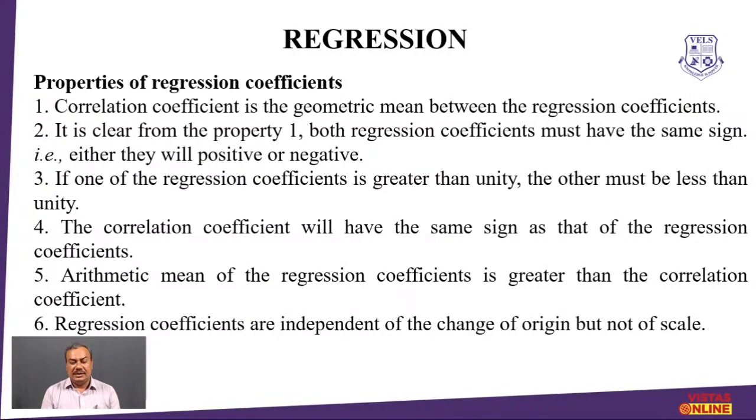That is, (bxy plus byx) divided by 2 is greater than r. Regression coefficients are independent of change of origin but not scale. So these are the main properties of regression coefficients.